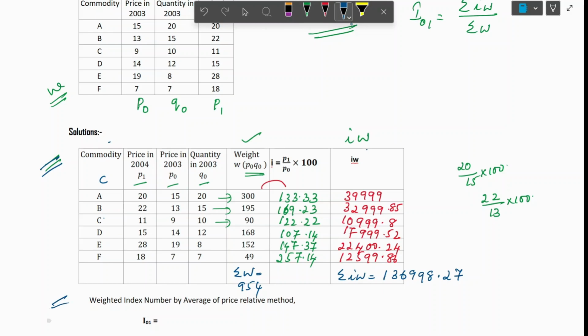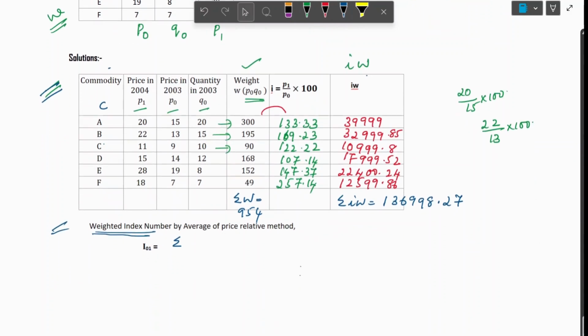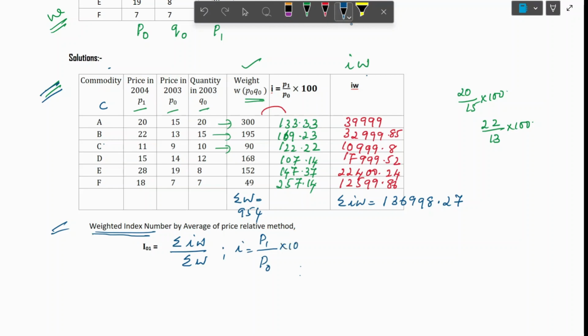Second step, you are going to write the formula. By which method is this? Weighted index number by average of price relative method. The formula: I01 is equal to sigma IW whole divided by sigma W, where I is equal to P1 divided by P0 into 100.